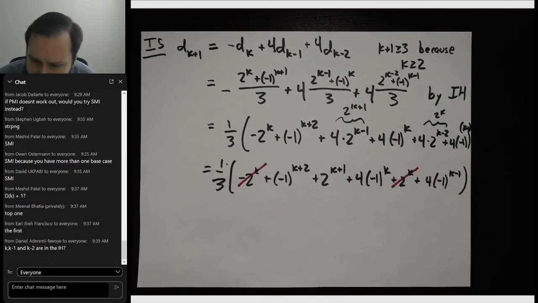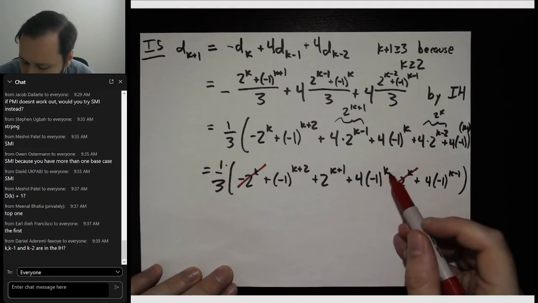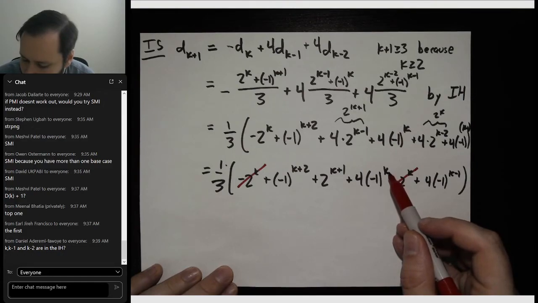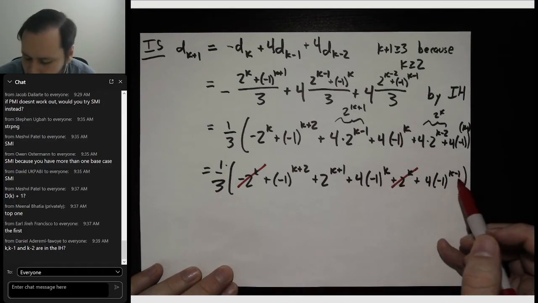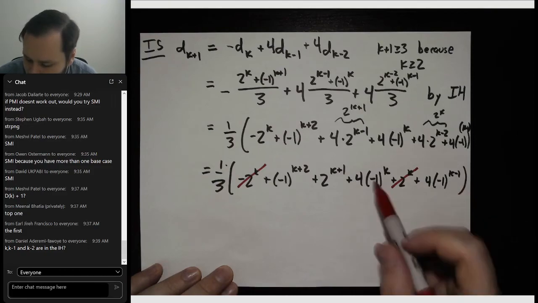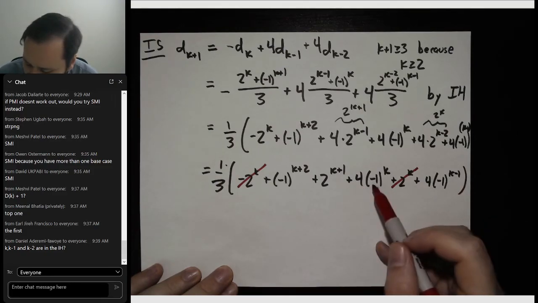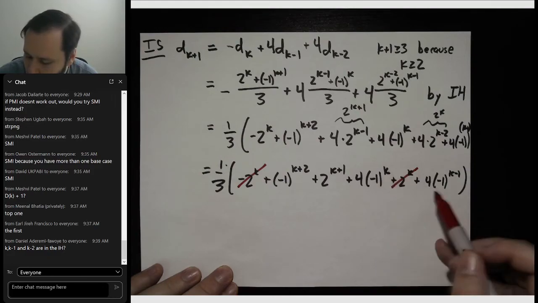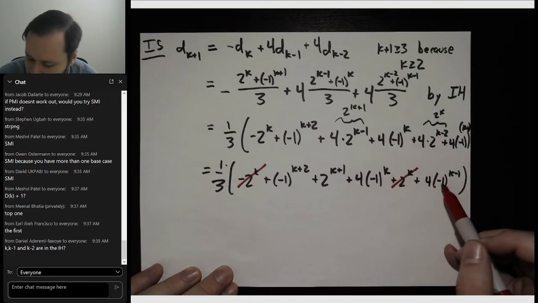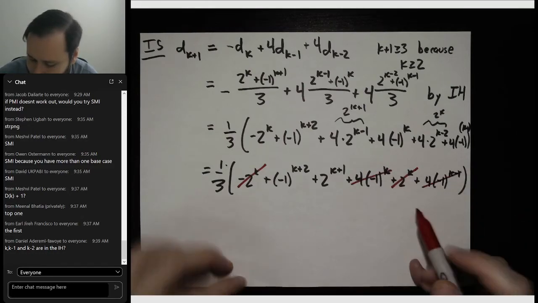And I don't know if k is even or odd, but I do know that negative 1 to the k is the opposite sign of negative 1 to the k minus 1. If I wanted, I could factor a minus 1 out, and this would be minus 4 times negative 1 to the k minus 1 plus 4 times negative 1 to the k minus 1. So these cancel out as well.